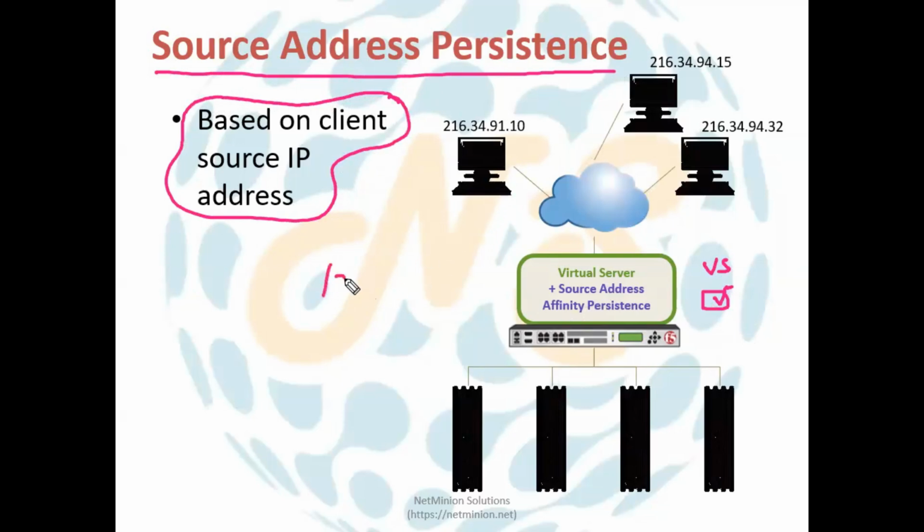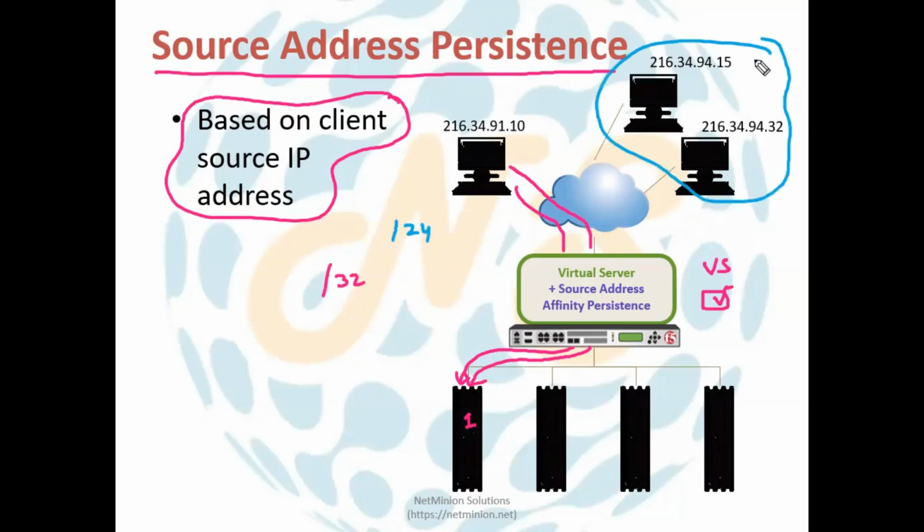So let us say it is a /32 IP, /32 is a subnet mask you are already aware of. All the traffic from this particular user will go to server 1 if server 1 is selected, and it will keep on going to server 1. Whereas if it is, let us say, /24, and these clients are all coming from one range, and server 3 is selected for one, both of them will send the traffic to server 3 only.